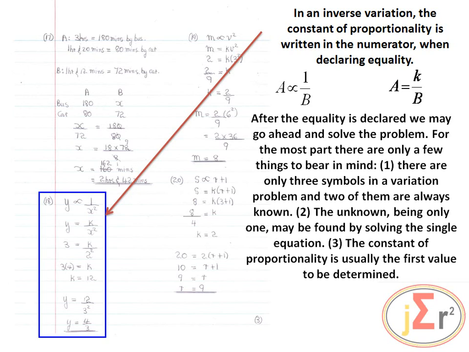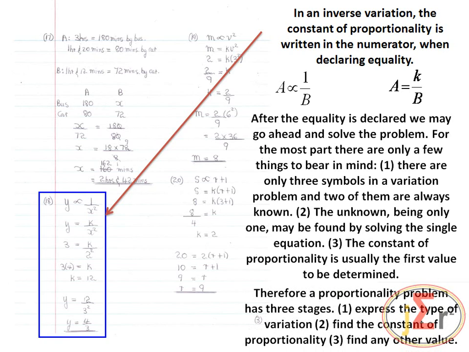Remember that if we have a single equation in one unknown, then we may solve that single equation in one unknown. The constant of proportionality, that is the third one, is usually the first value to be determined. So if we are making use of a constant of proportionality in a variation problem, the constant of proportionality is the first thing that we need to find.